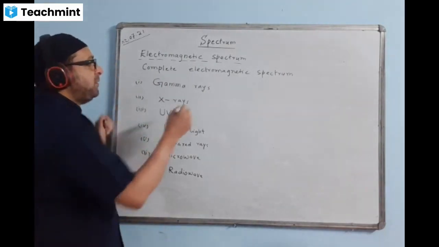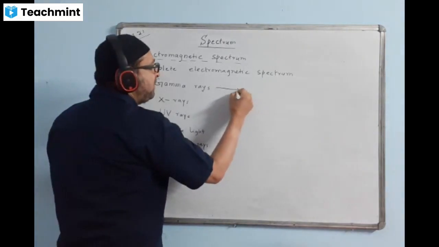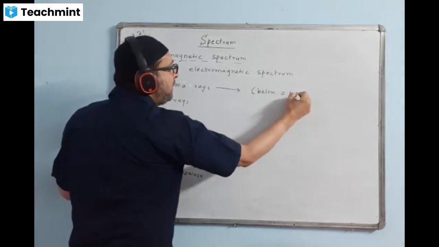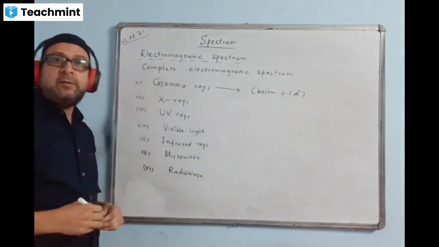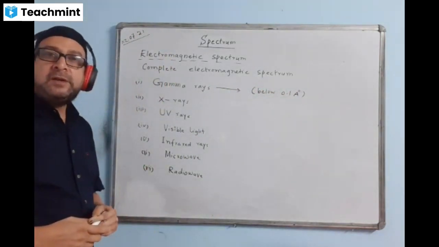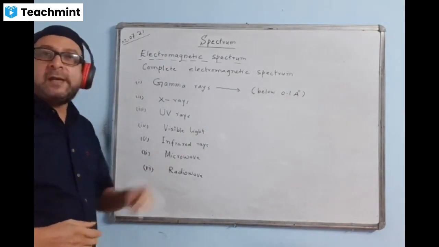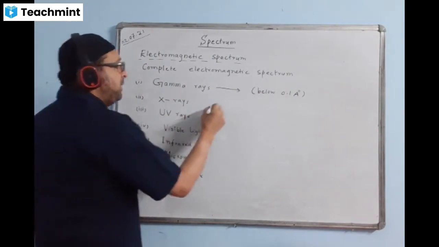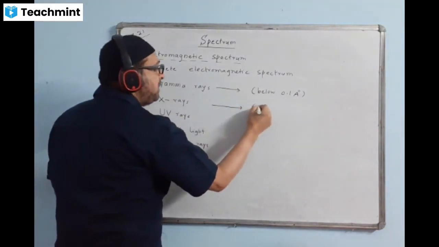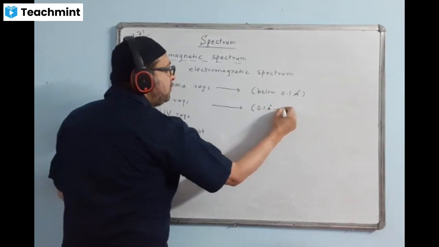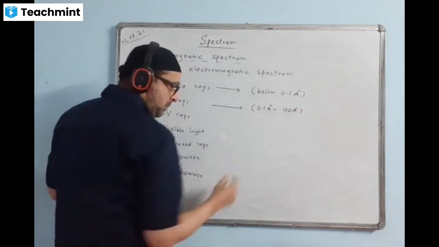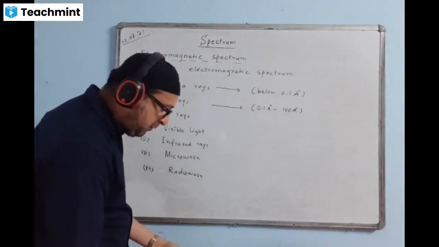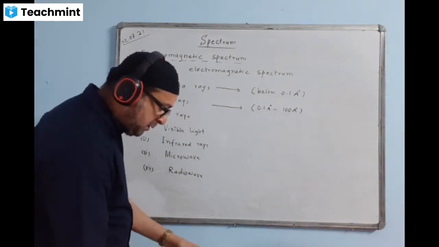And here, write down the range of the wavelength. Gamma rays: below 0.1 angstrom. I'll talk about angstrom and give its value. The range of X-rays is 0.1 angstrom to 100 angstrom. This is the wavelength range of X-rays.